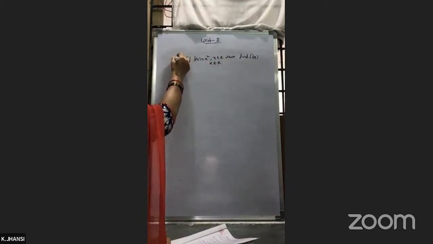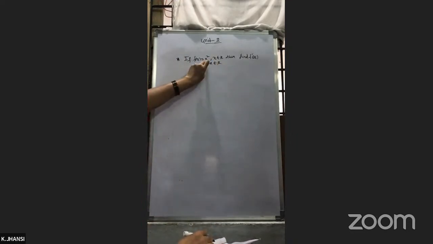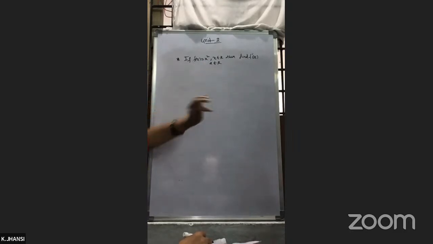This is one important question. You have to find it with the help of the first principle, because x square is a polynomial, so it is already continuous and also differentiable. So directly solving with the first principle is enough.